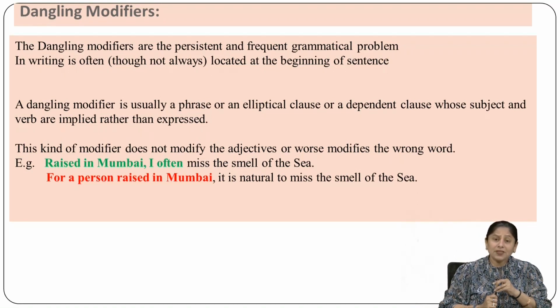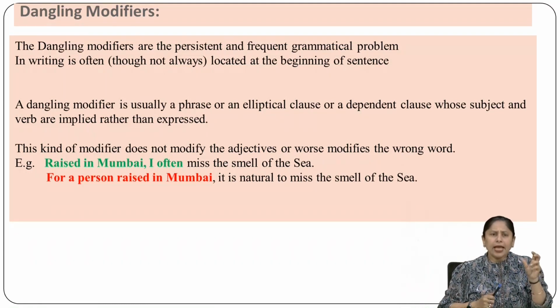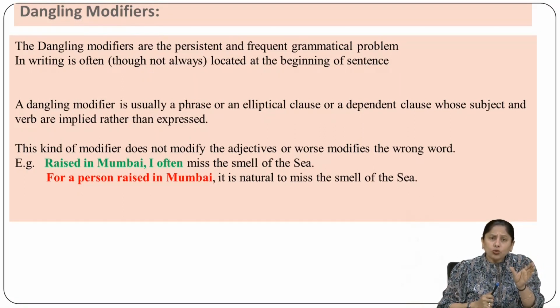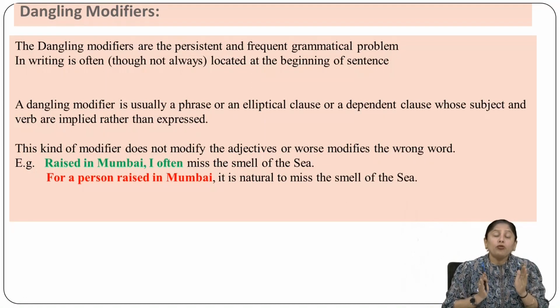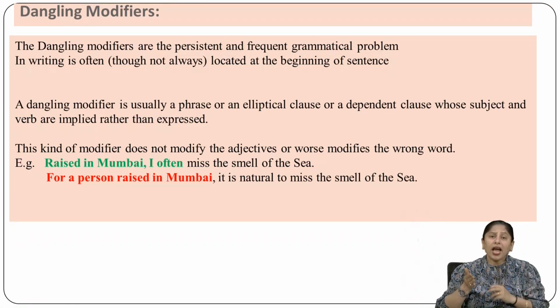So it happens that they are part of an elliptical clause or dependent clause. They are the dangling modifiers, meaning words or groups of words. Dangling modifiers are groups of words which are dependent in the sentence.